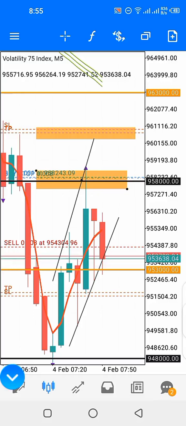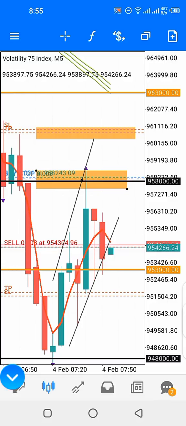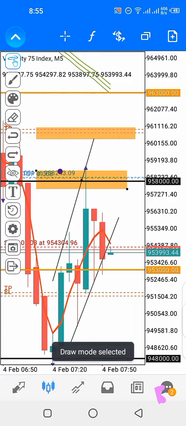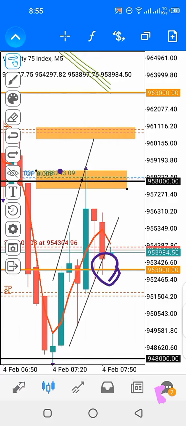So we can see that the price has closed, and we have a small candle wick around here, which is like a rejection by the buyers. The buyers are trying to push price up.